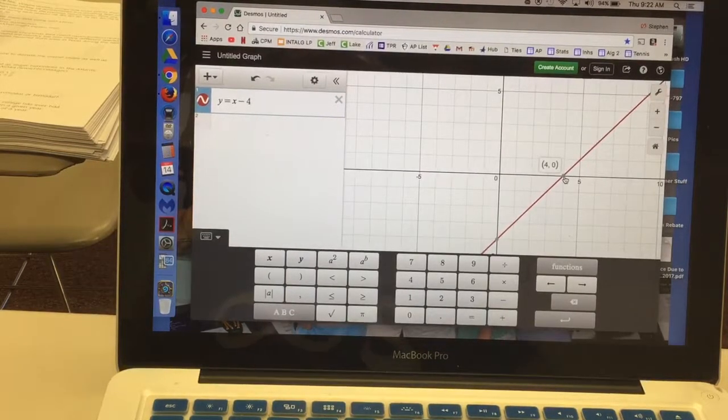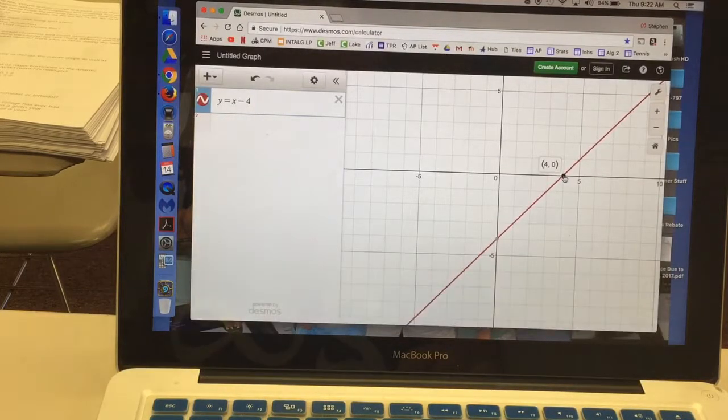So my x-intercept is 4, 0, so I can write that on my paper. And my y-intercept is 0, -4. If you actually click on those points with your mouse, the 4, 0 and the 0, -4 will stay.